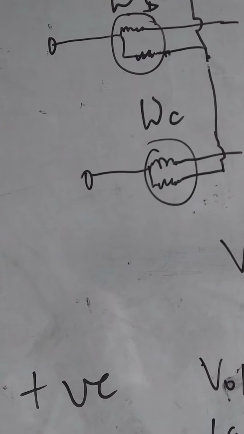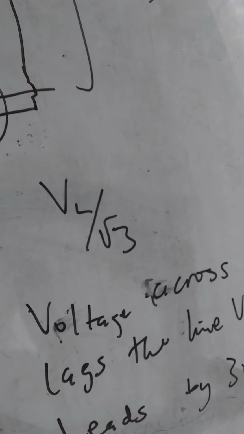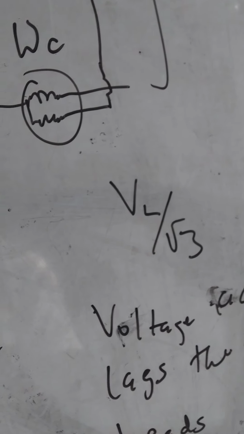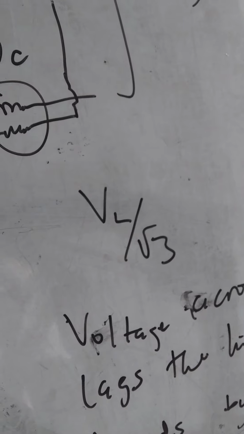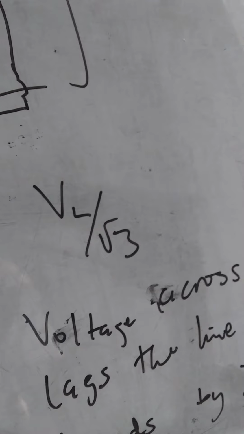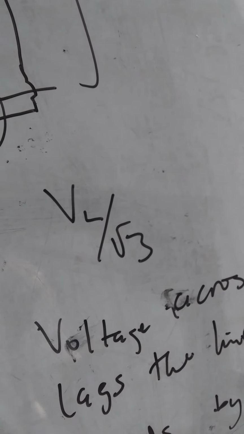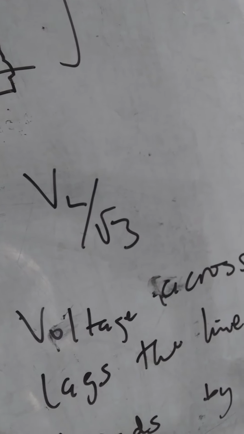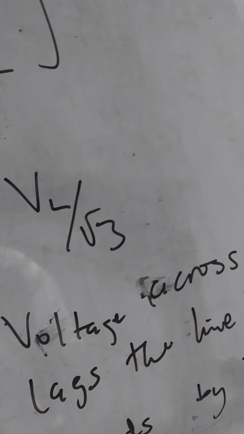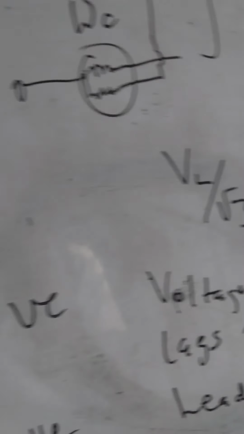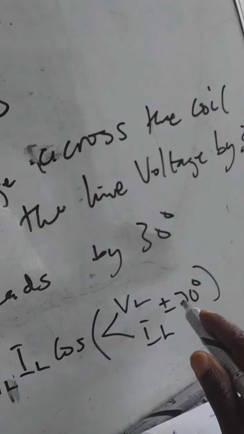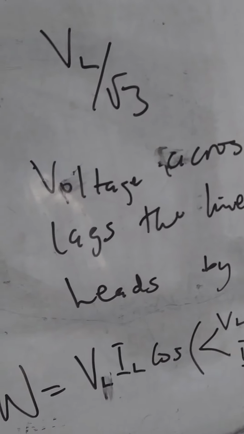The power will now be V line times I line times cos of the angle between V line and I line, plus or minus 30 degrees. That will be the wattmeter reading. So this plus or minus 30 degrees will be determined by what type of rotation it is.